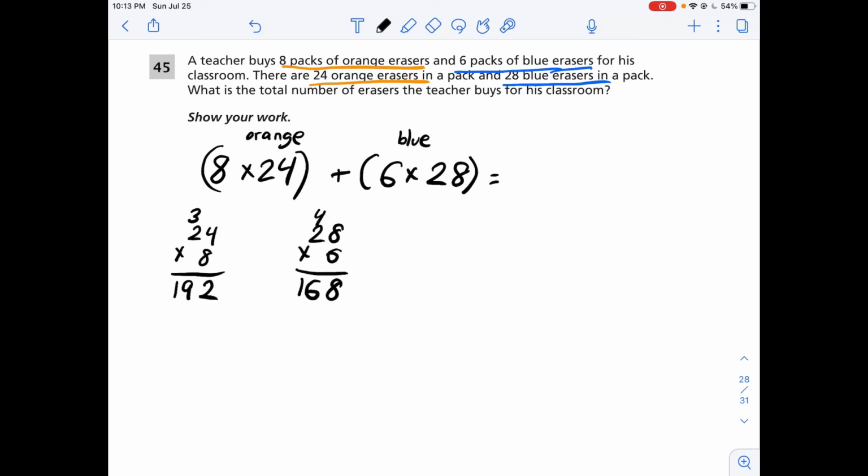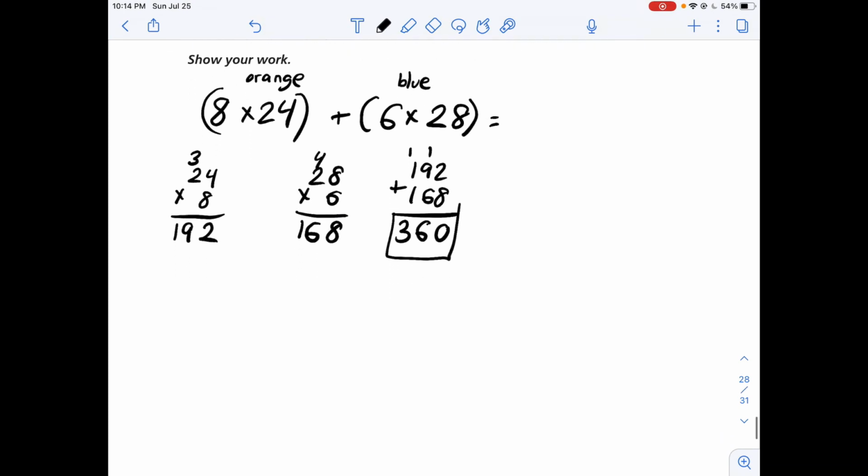This is 192 orange erasers, 168 blue erasers. I added up 192 plus 168. 8 plus 2 is 10, carry the 1. 1 plus 9 is 10, plus 6 is 16. 1 plus 1 plus 1 is 3. 360 total erasers.